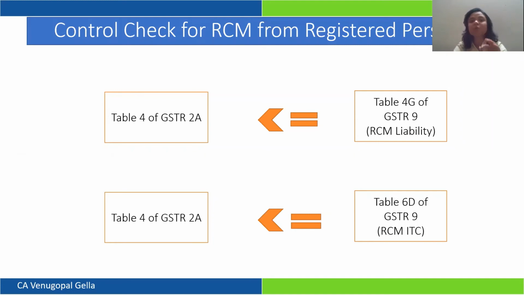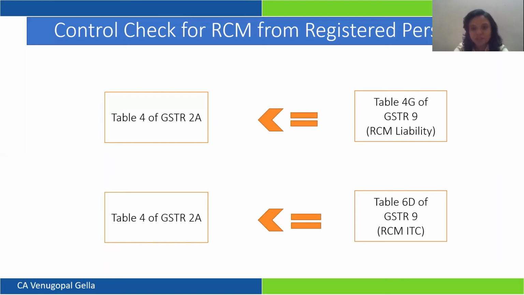And that would come and sit in my GSTR-2A table 4. So when it comes and sits in my GSTR-2A table 4, that could be a good checkpoint for me to check if the liability that I have paid is either equal to that or more than that. If it is less than that, then there is something which is not paid.